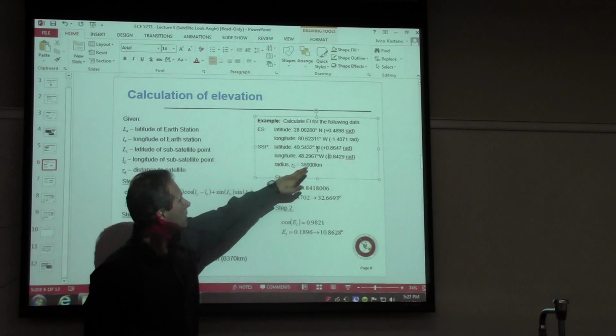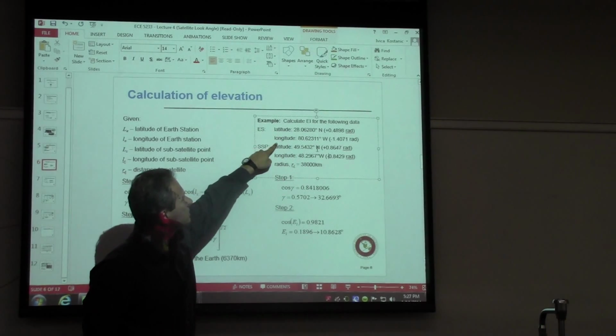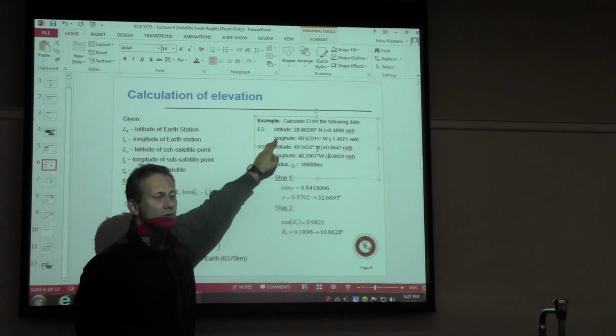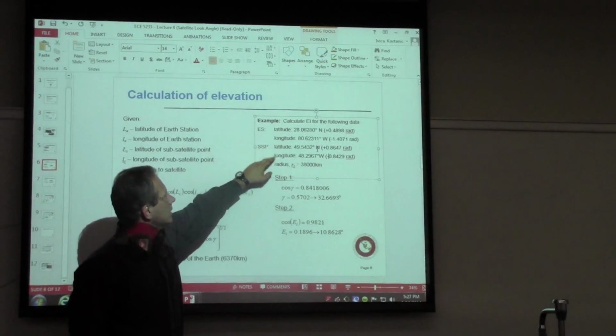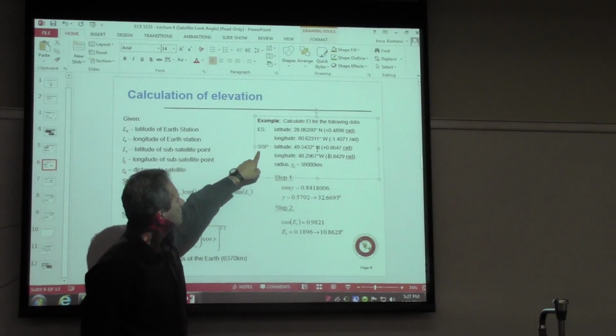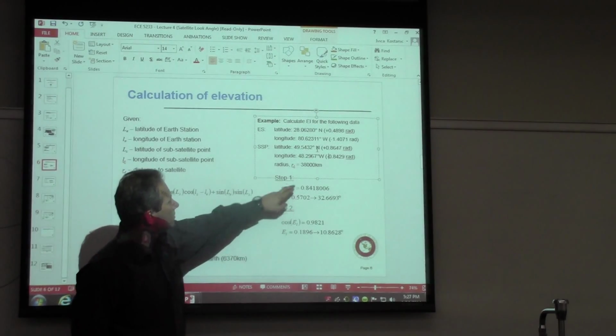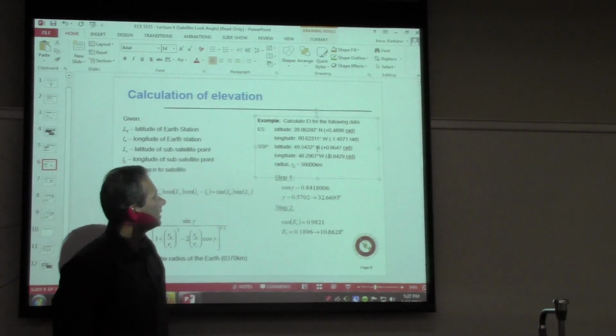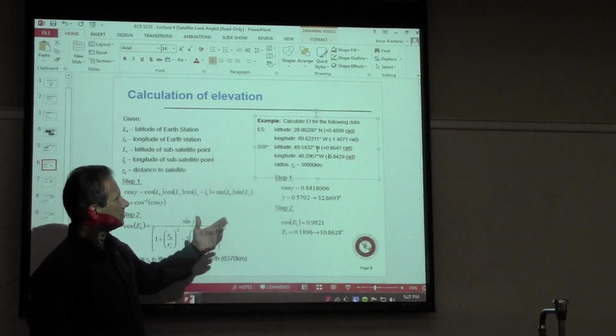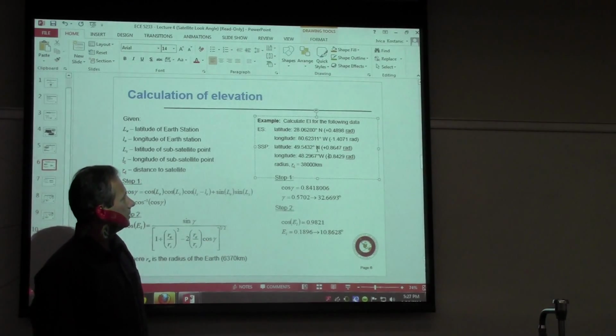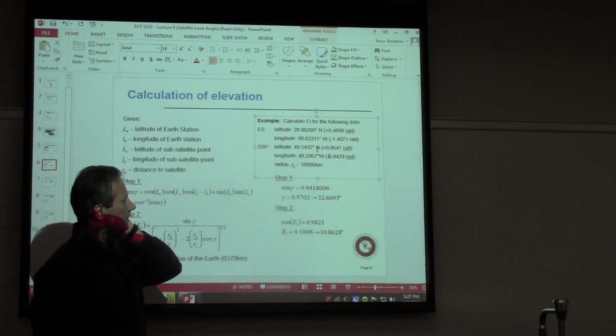Also west, right? So the Earth station is in Melbourne. These are the geographical coordinates of FIT. And this is the subsatellite point of this particular satellite. This is the radius to the satellite. So the satellite is 38,000 kilometers, essentially in a geostationary orbit, plus minus.